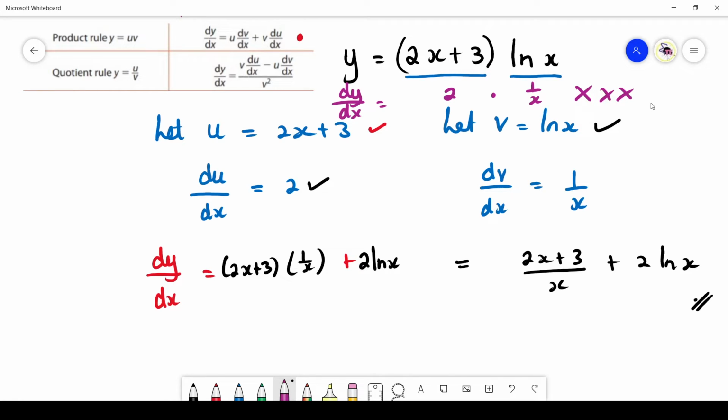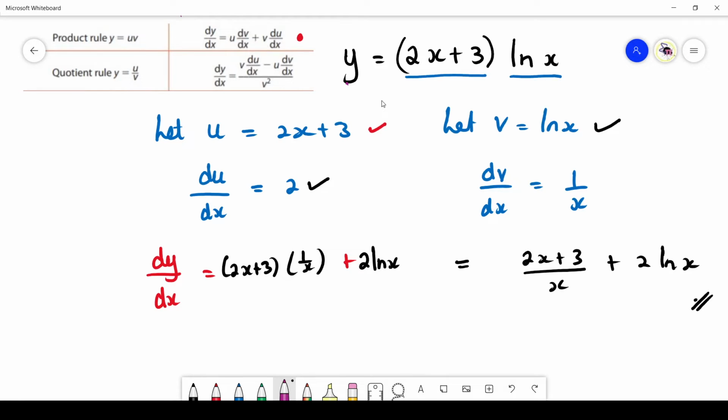You cannot differentiate individual functions and then multiply the product of those derivatives. You will get an incorrect solution. So in the future, a very important thing you must be able to recognize is when you actually have the product of different functions.